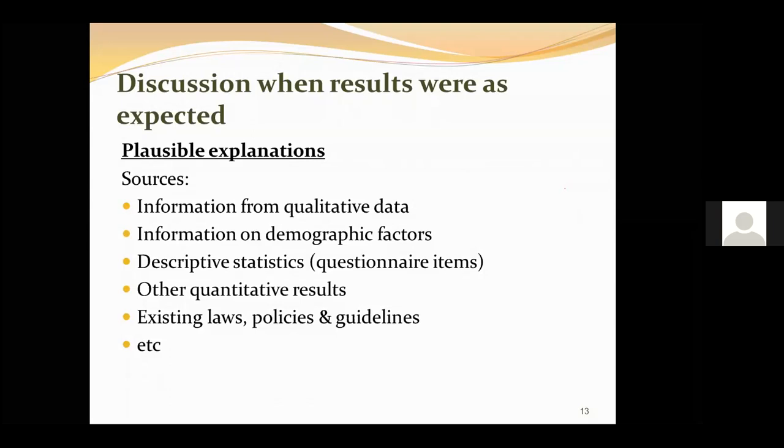You could look at the demographic factors. You could look at descriptive statistics. You could look at the questionnaire items. You could look at other quantitative results. You could look at existing laws, existing policies, existing guidelines. This is the time for you to think outside the box.